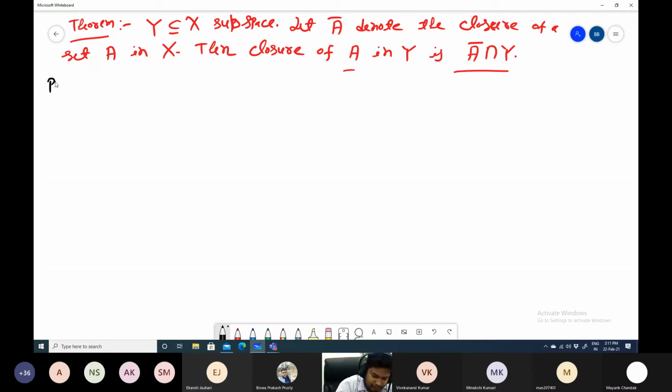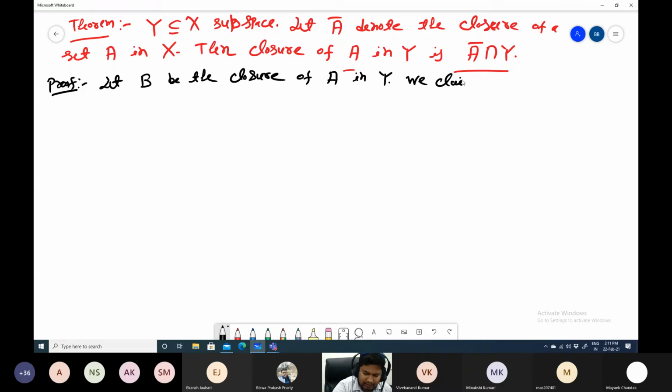So here is the proof. First of all, let B be the closure of A in Y. And we claim that B equals A closure intersection Y. Now how to prove this?